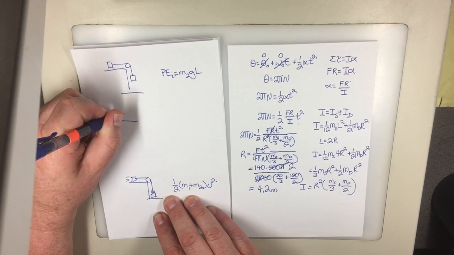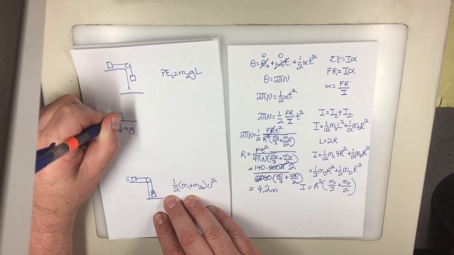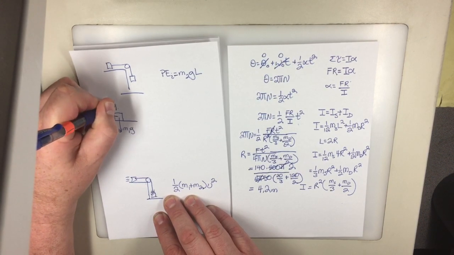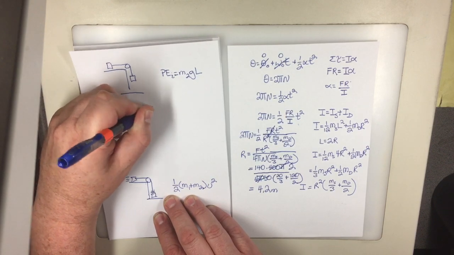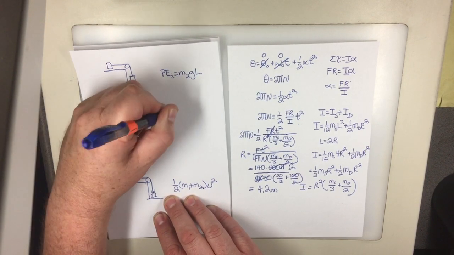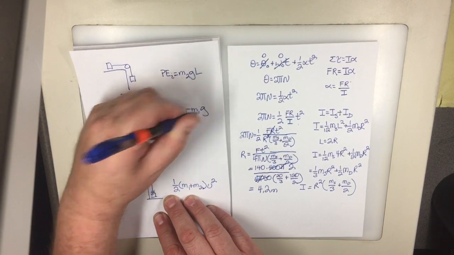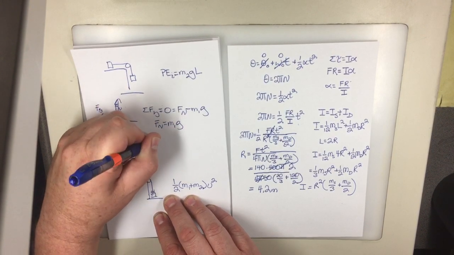Now, M1 feels a friction force in that direction and a normal force in that direction. The sum of the forces in y is equal to 0, which is equal to Fn minus M1 g. So Fn is equal to M1 g.